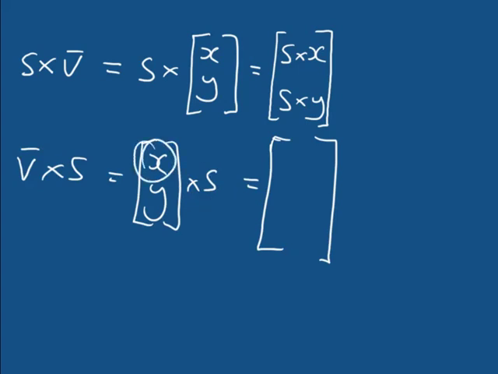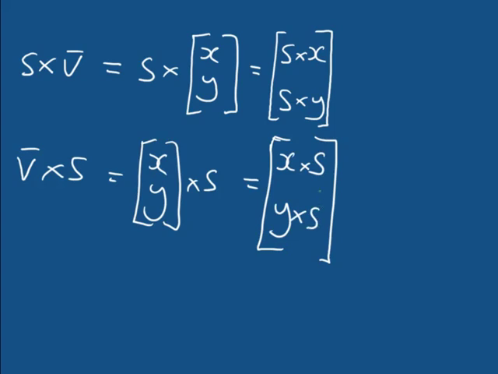So we're going to take x and multiply it by s, and each component in turn is going to give us the corresponding component in the result. So x times s, because x is our first component, gives us the first component of the result as x times s. Then we're going to take y times s, because y is the second component. It's going to give us the second component of the result as y times s.